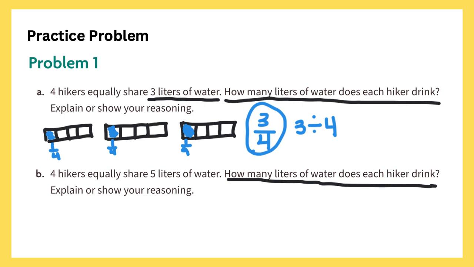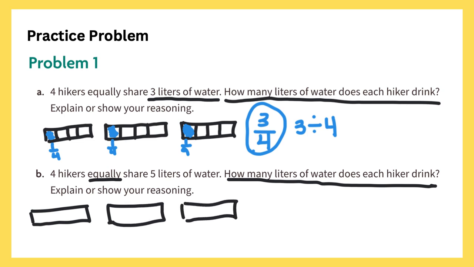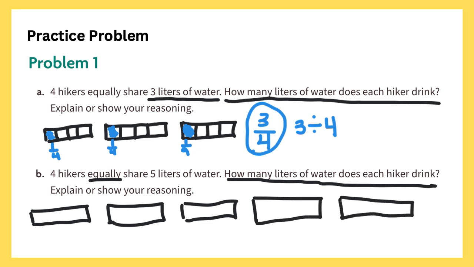And this time, again, we know we have equally, so everyone's getting the same amount. And so we have 5 liters of water. So I'm going to draw 5 bottles this time. So that's bottle number 1 and 2, and bottle number 3, bottle number 4, and bottle number 5.